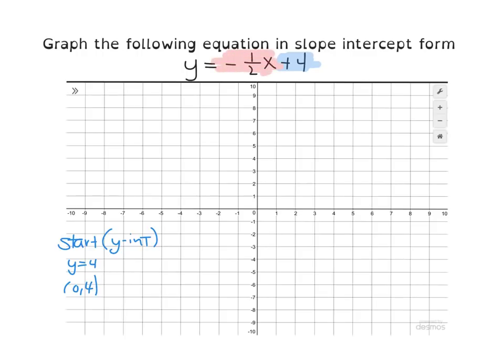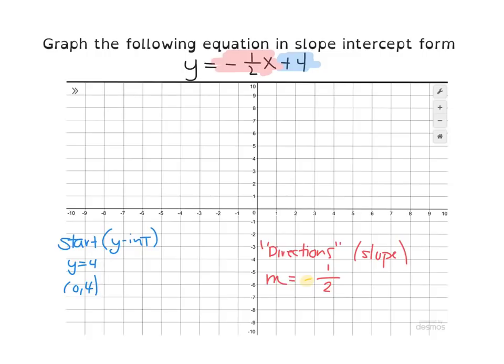So the directions are always our slope. And it tells us here that our slope, our m value, is equal to -1/2. Now we want to specifically make sure that we know how to handle the negative. That negative can go on the top or the bottom, but not both.